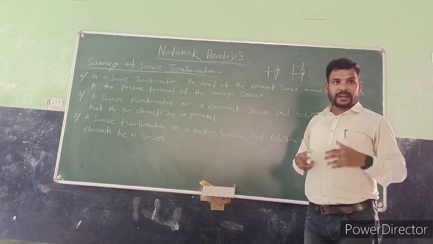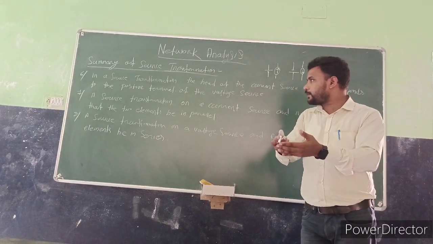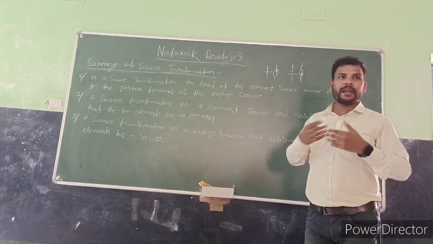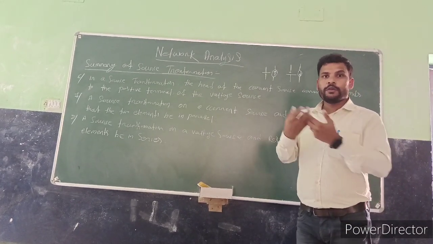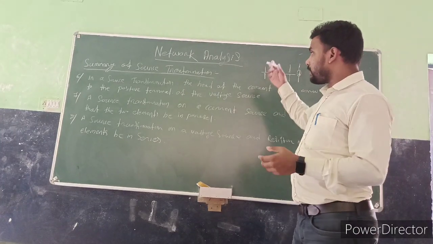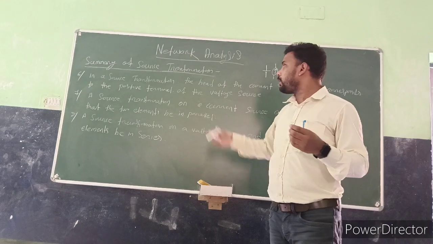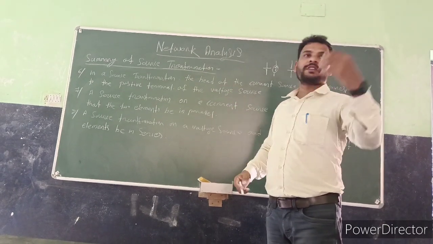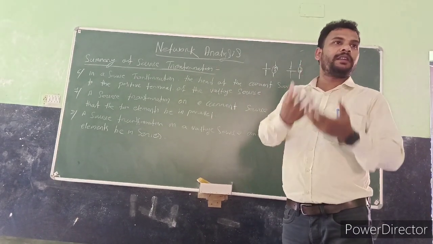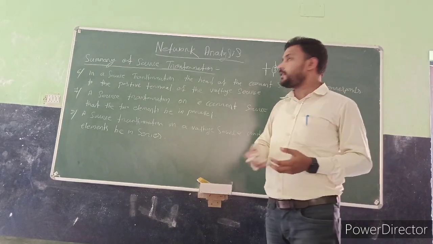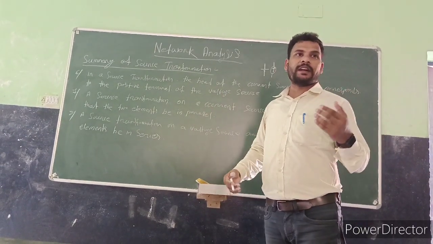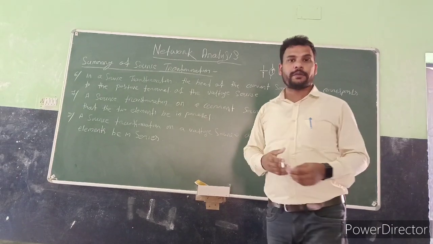After that, we can apply voltage to current transformation and current to voltage transformation. These points are the summary of source transformation: how we can apply it and where we can apply it. This is a very important point for source transformation.